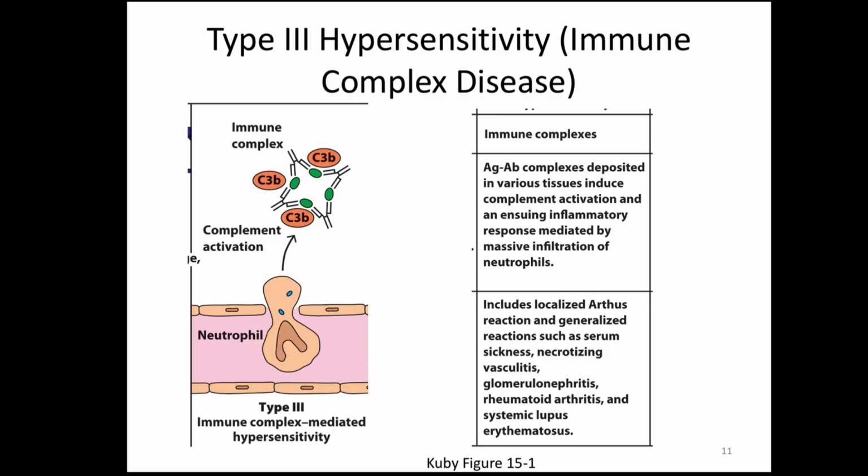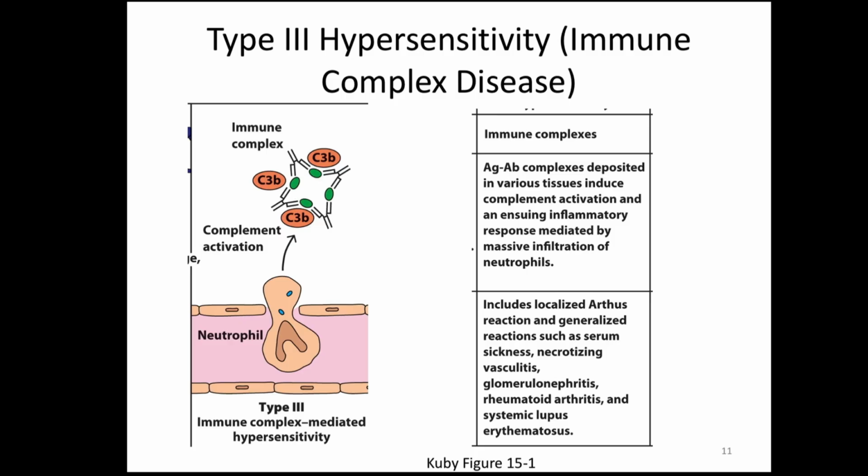But the difference with type 3 hypersensitivity is that the antigen, which you see here as a little green oval, is a secreted protein, sometimes referred to as a soluble antigen. Could also be a soluble carbohydrate or lipid or nucleic acid. It can be a soluble whatever. It's a thing that's not on the surface of a cell. So killing the cell can't be the outcome because there's no cell to kill.